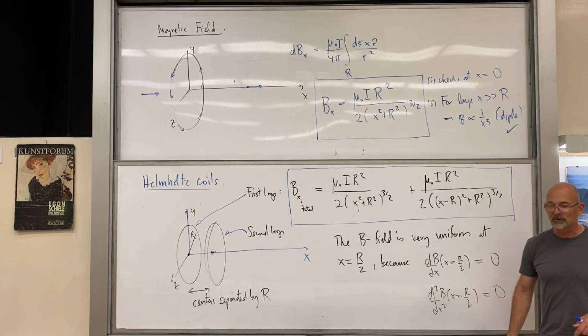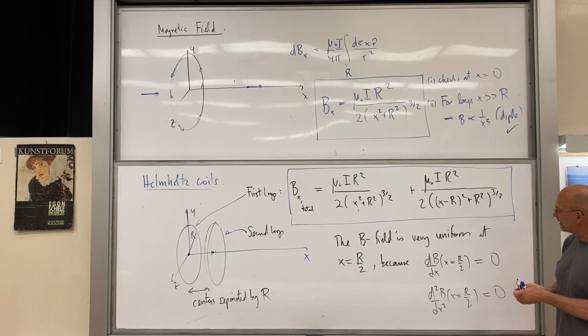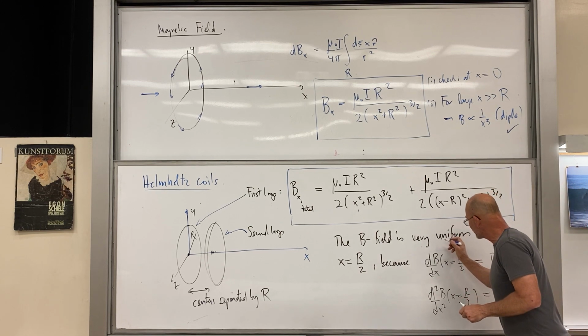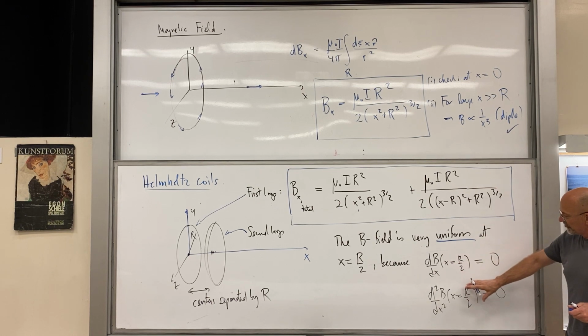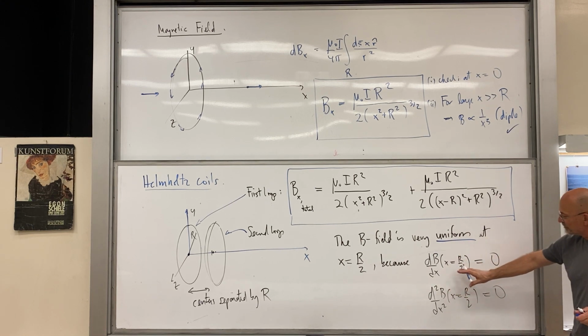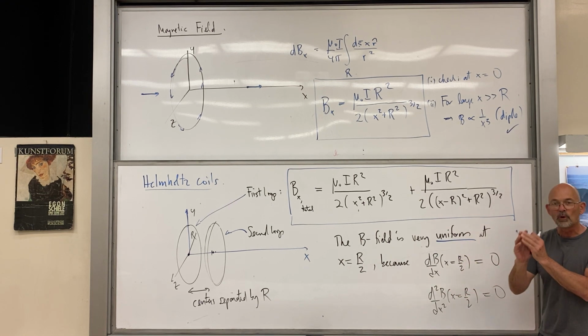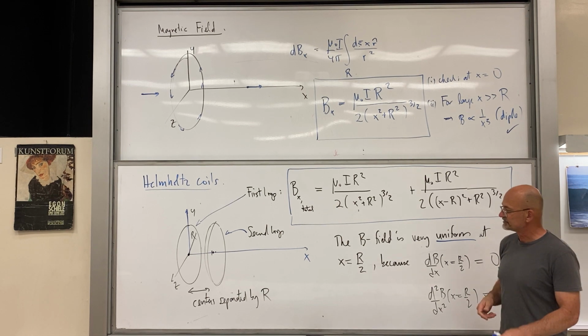And you can even take a third derivative, I think, and show that it's equal to 0. So that's a property of the calculus here, that this function is very constant, right? The more derivatives vanish at that point, x equals R over 2, the more constant it is. And that's the idea here behind the Helmholtz coils.